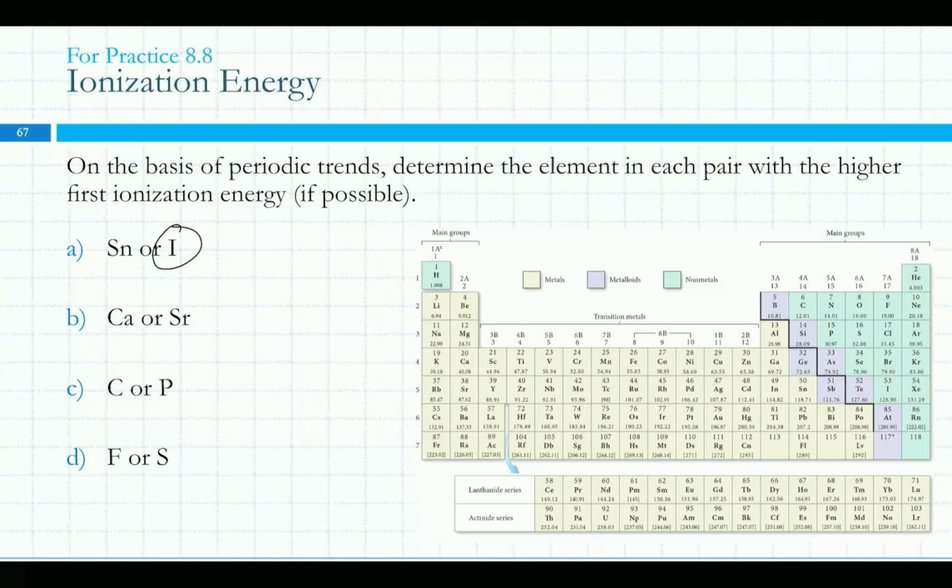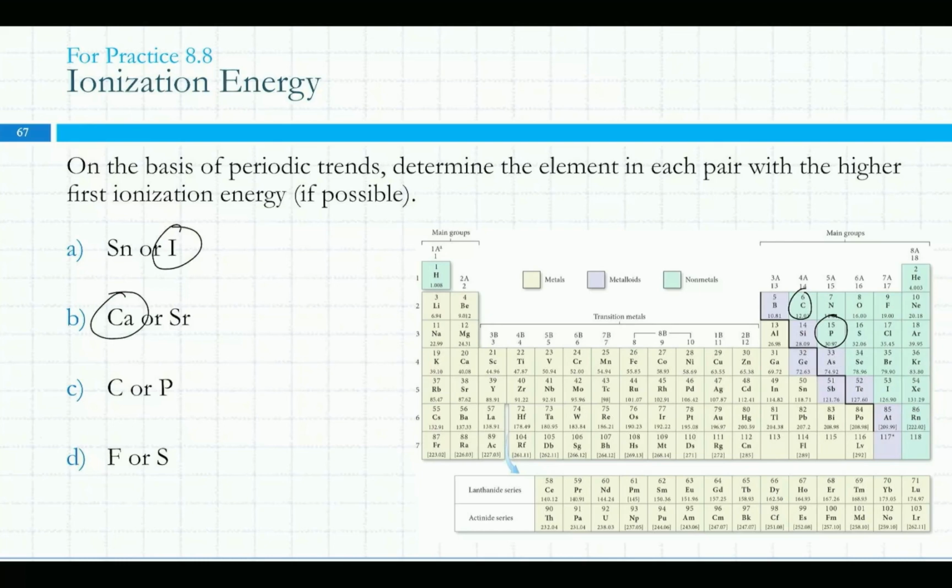How about calcium or strontium? Why? Calcium is higher, which means the electron we're removing is in n equals 4, so it's closer to the nucleus, and we've got to pull it farther away from the nucleus. So calcium will be higher. How about carbon and phosphorus? Yeah, same.